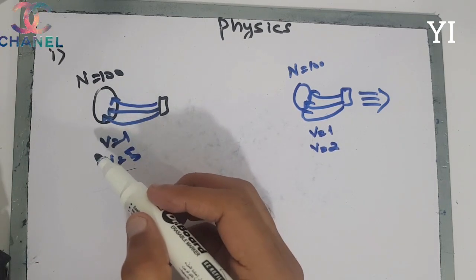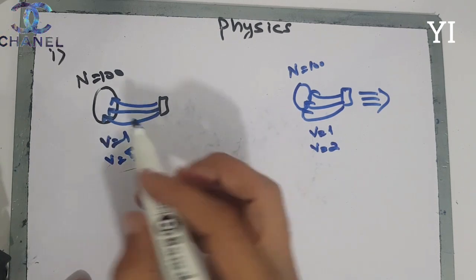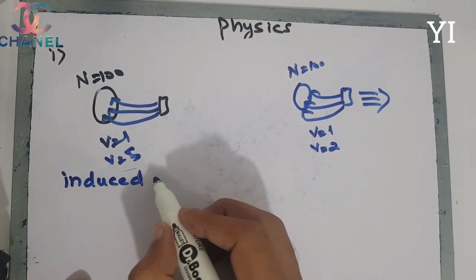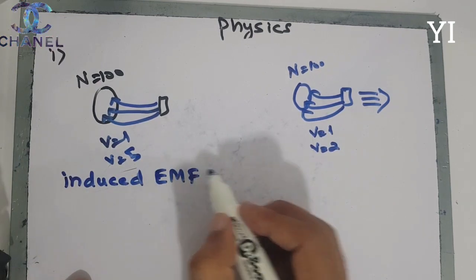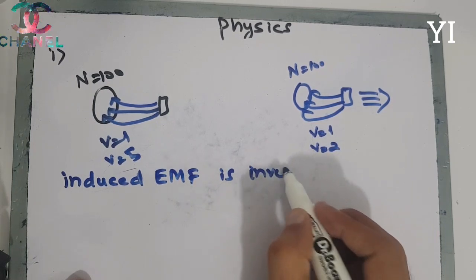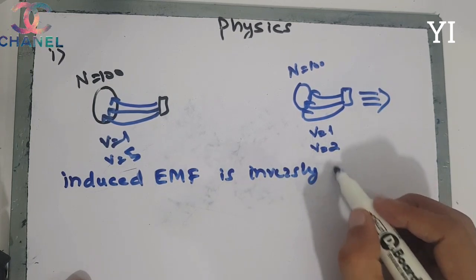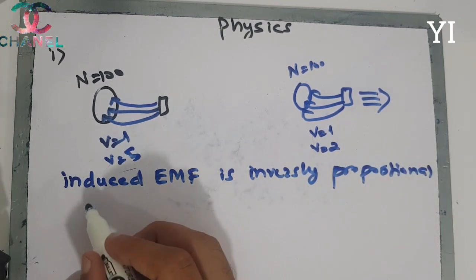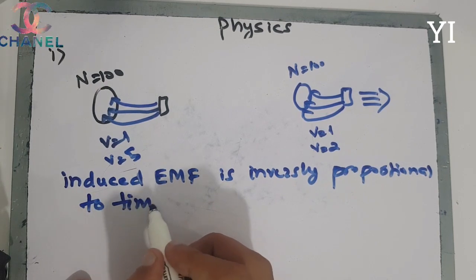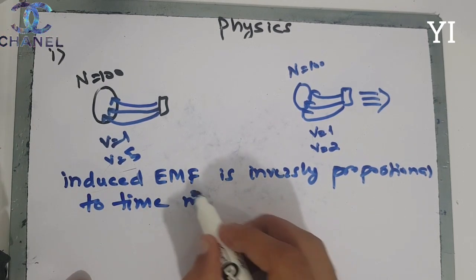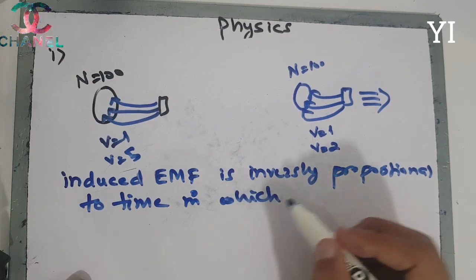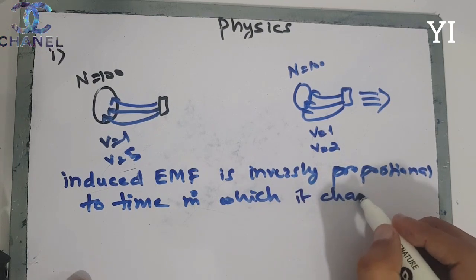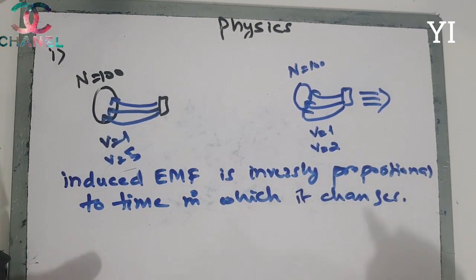So let us write case number 1, that induced EMF is inversely proportional to the time in which it changes.